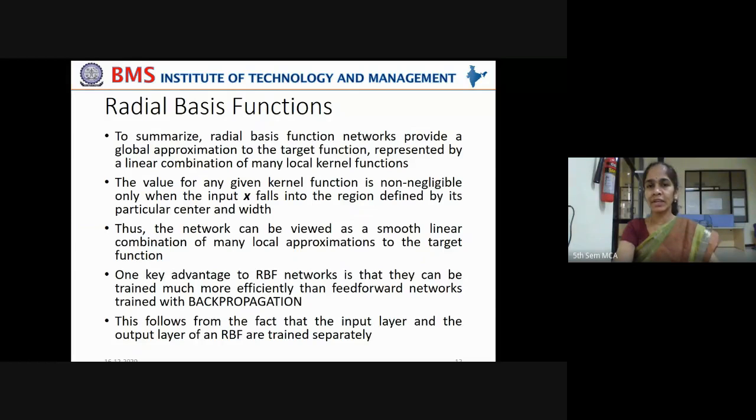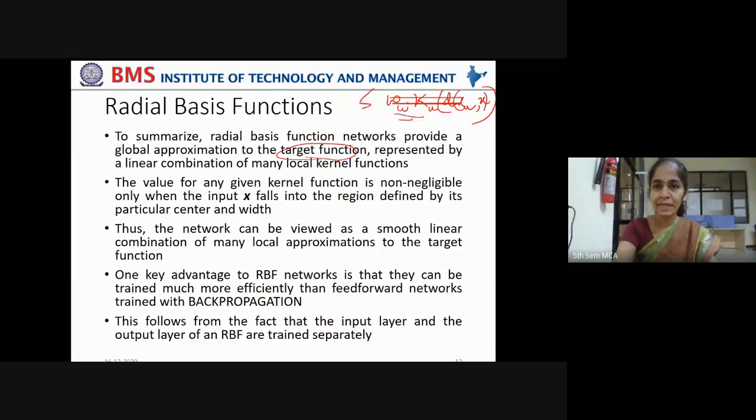Now, in order to summarize, radial basis function networks provide a global approximation to the target function represented by a linear combination of many local kernel functions. So how is the target function represented? Represented as a linear combination of weights, Wi, and the kernel functions, Ku, which is the distance measured between Xu and X. Okay, so this is taken as sigma for generalized representation, where i equals 1 to k, where k is the number of kernels you are considering.